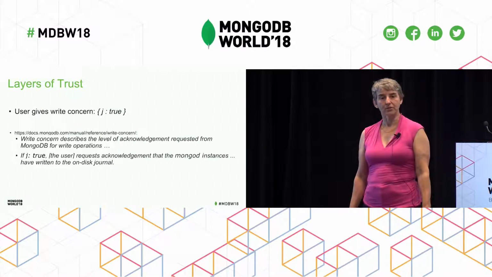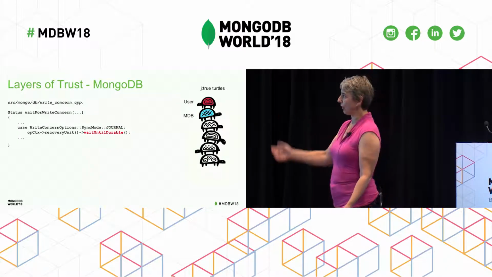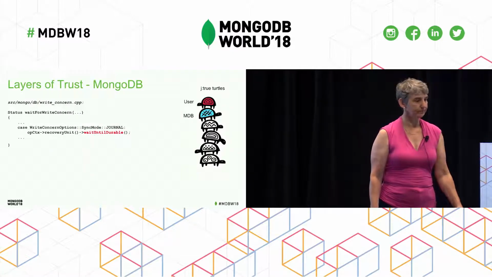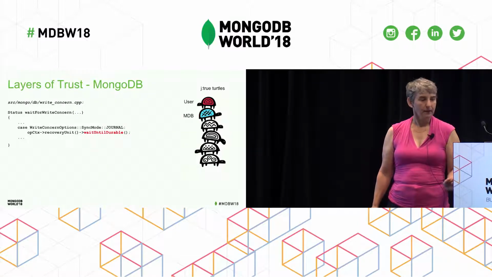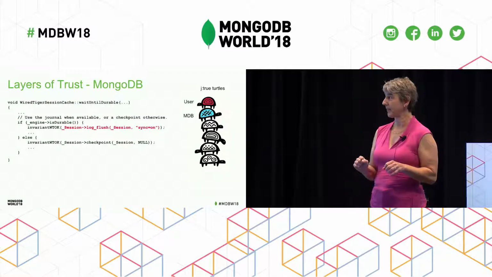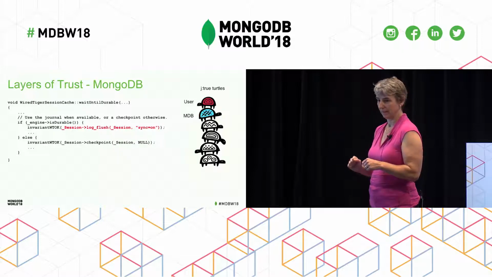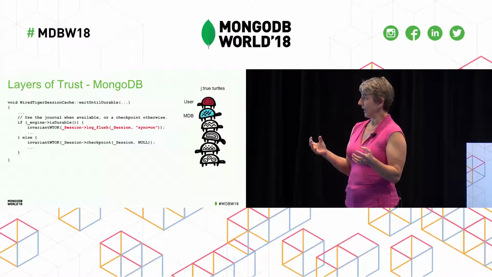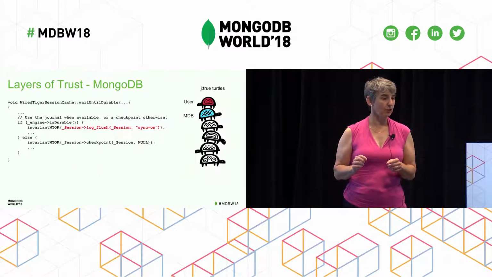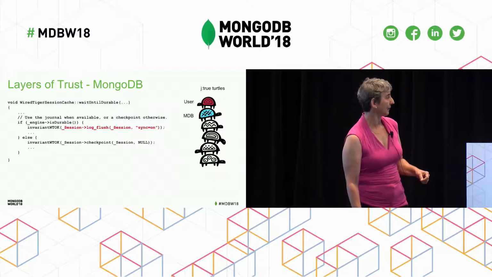So let's look at the write concern code for MongoDB. If the mode is journal, we call a method wait until durable. In the WiredTiger storage engine code within MongoDB itself, there's a wait until durable method. When the journal is available, we will call a WiredTiger API called log_flush, and we will pass in a sync equals on configuration string.